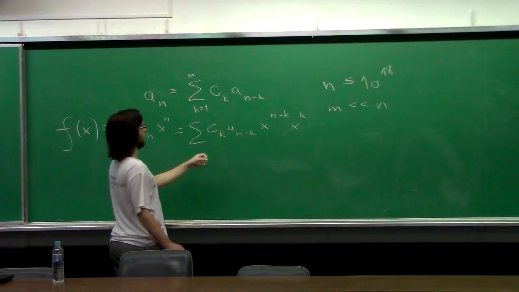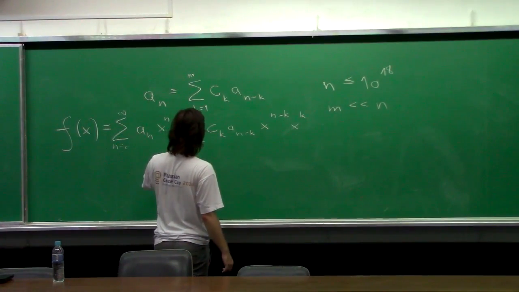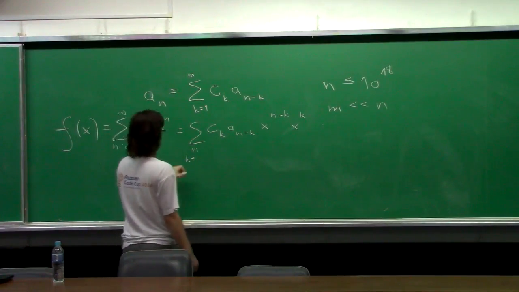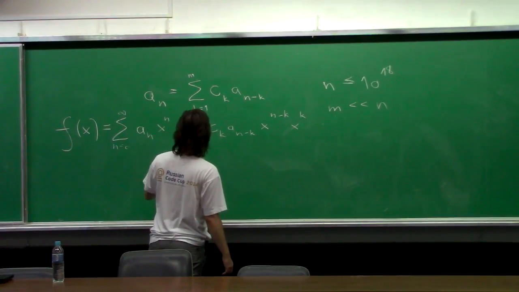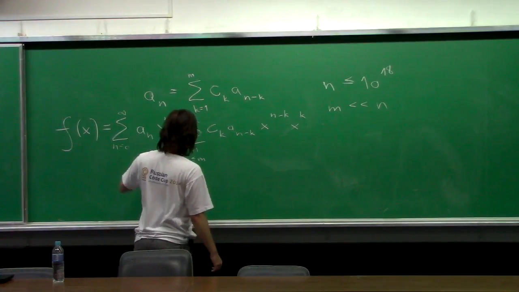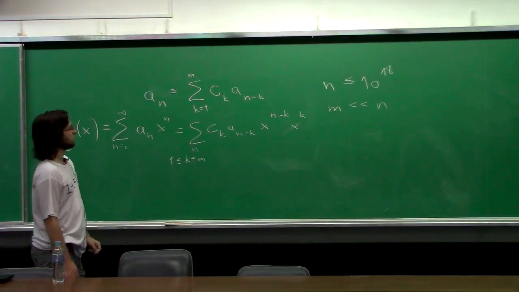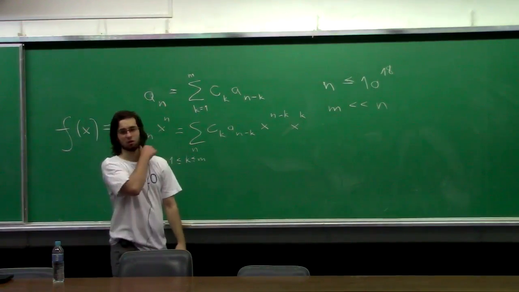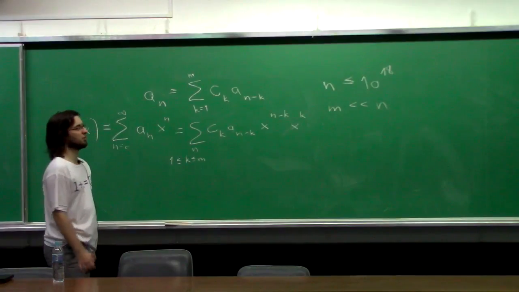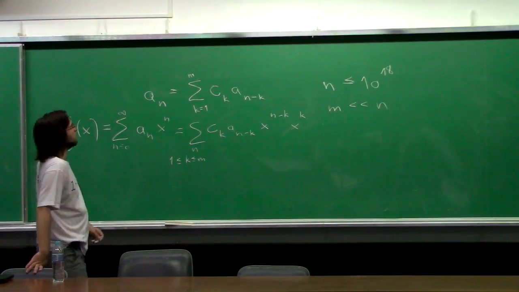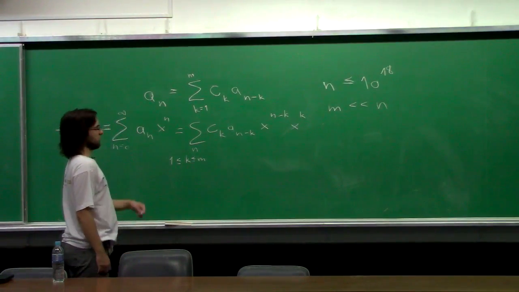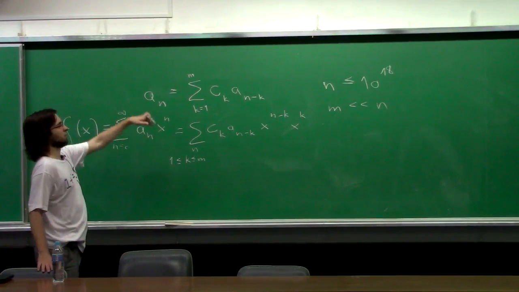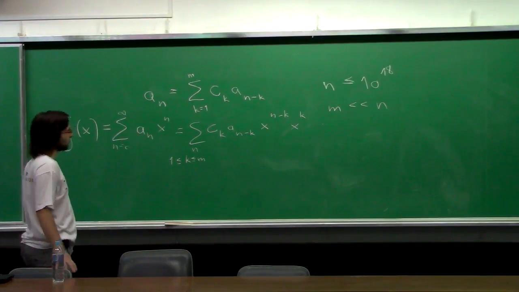This is a sum over all n and all k, where we assume that a with negative indices, a_{n-1}, a_{n-2}, and so on, are 0. a_0 is some initial coefficient, or we are given the initial m terms of this sequence.